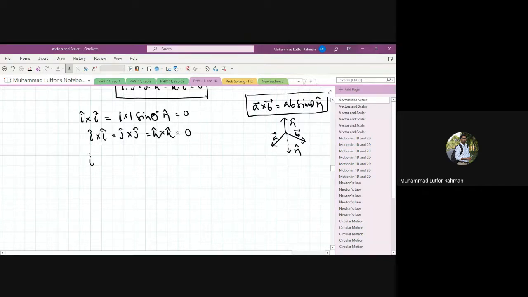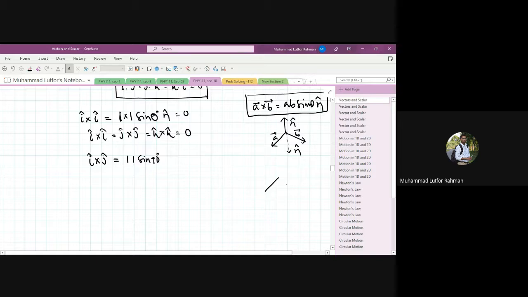Now what about i cross j? Look at this. The i magnitude is 1, the j magnitude is 1. Now the angle gives sine 90 degree. Now what would the eta hat be over here?